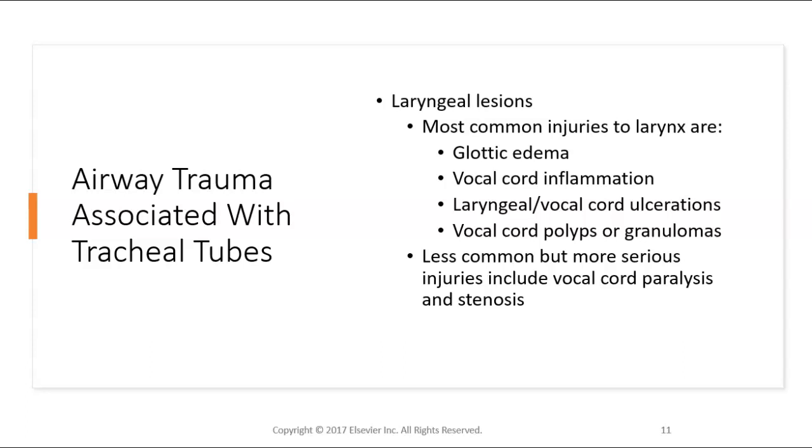Tracheostomy tubes aren't going to pass through the larynx structure. So if you're using a tracheostomy tube, that means usually the airway trauma or irritation or issues are going to be below the larynx and just localized to the trachea.